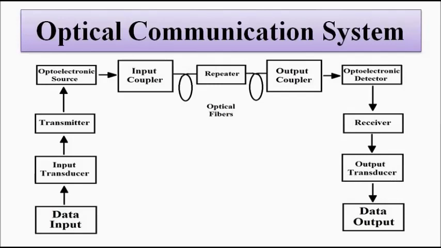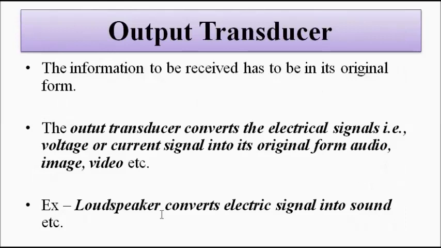An example of an output transducer is the loudspeaker. The microphone converts the sound, our voice, let's say, into electrical form. The loudspeaker converts that electrical signal back into the original sound.